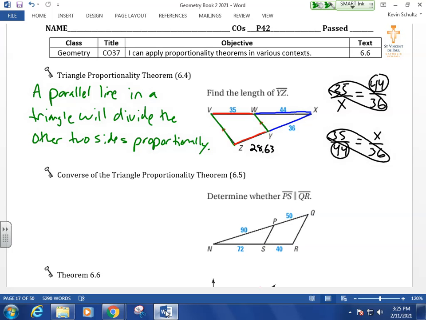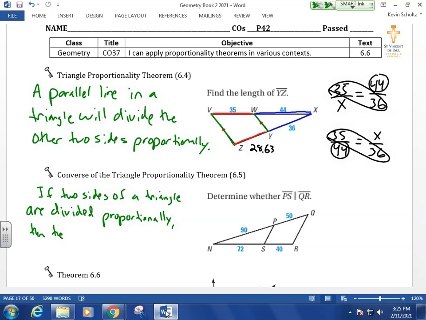This one says that if two sides of a triangle are divided proportionally, then the segment is parallel to the third side.